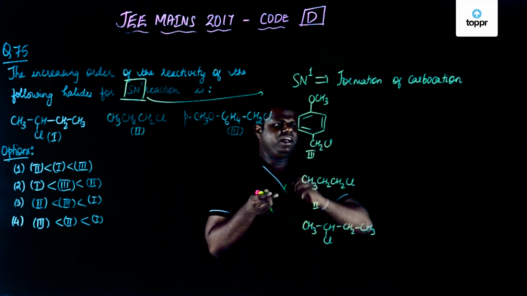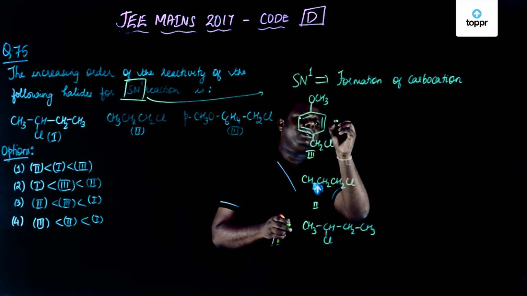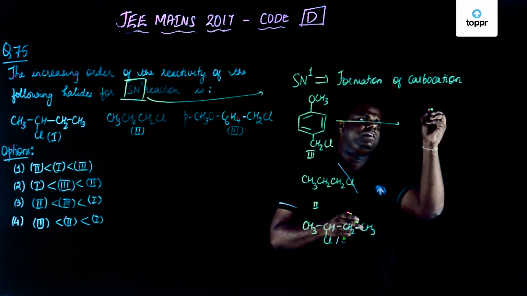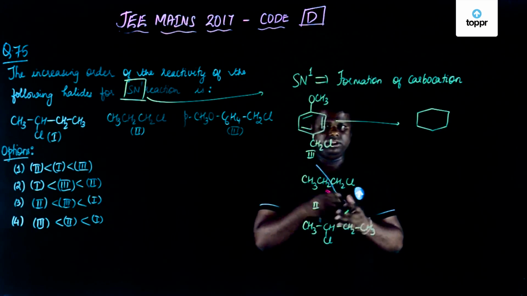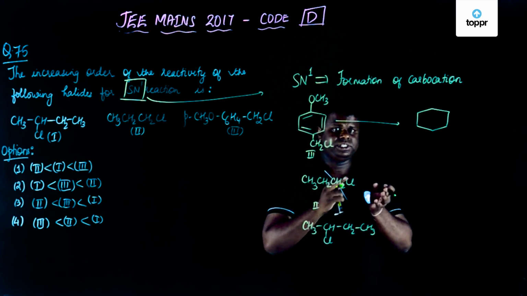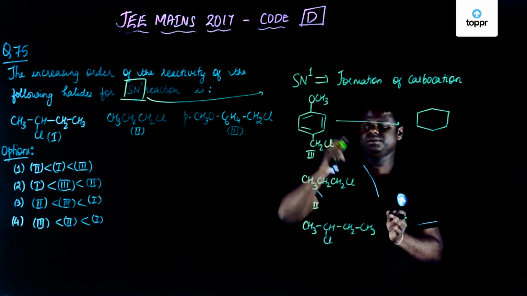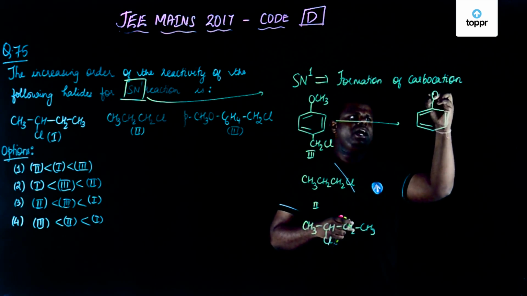Now what's going to happen over here? I already know that this involves a carbocation formation. So let's see what carbocation is generated over here, and what electronic effects are going to operate in all these cases, and whether there is some pattern in the stability, whether the stability would be increasing or decreasing. So you have a double bond over here, and then you have an OCH3.